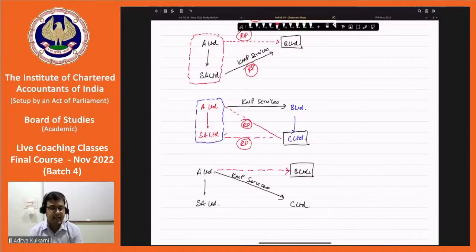So is A Limited related to B Limited? KMP services are provided to the subsidiary of B Limited.